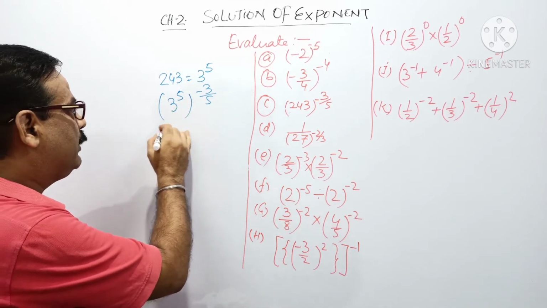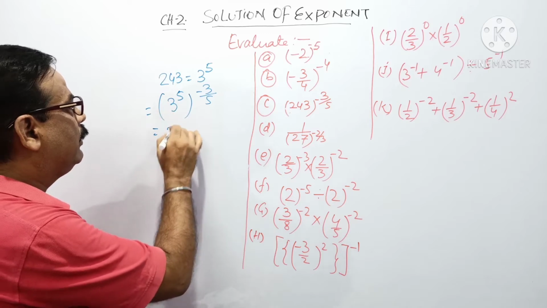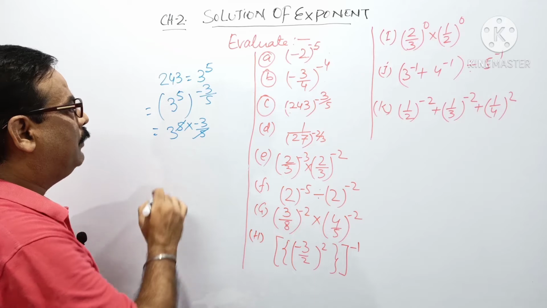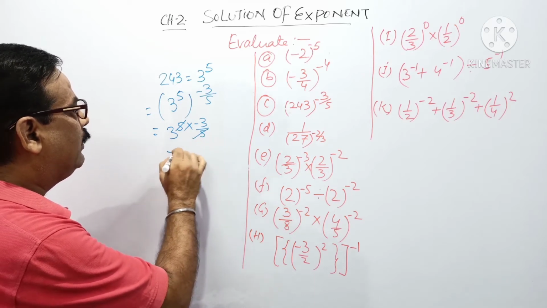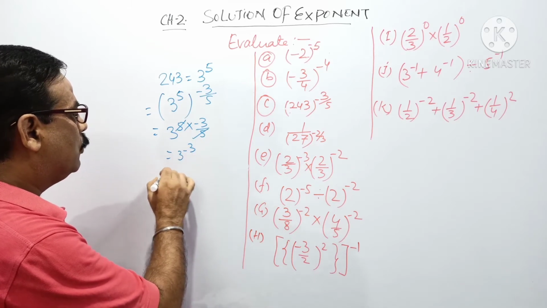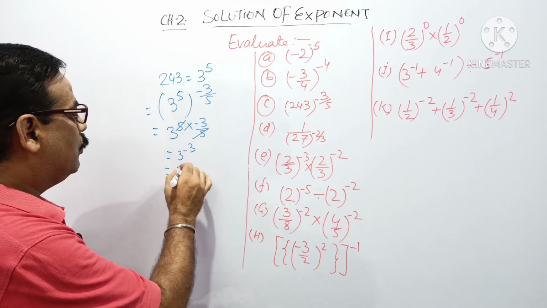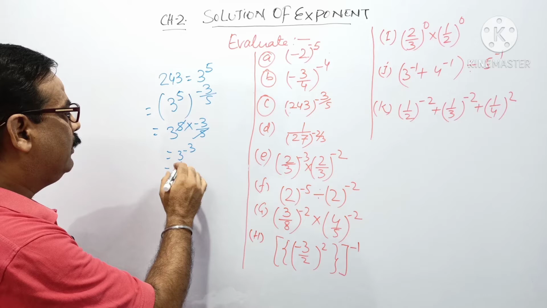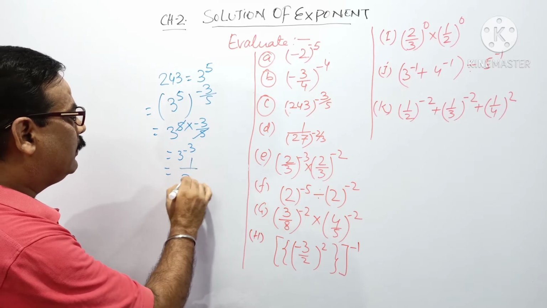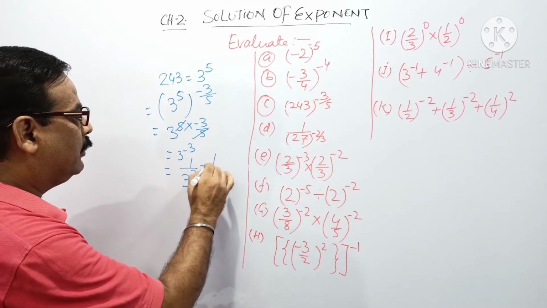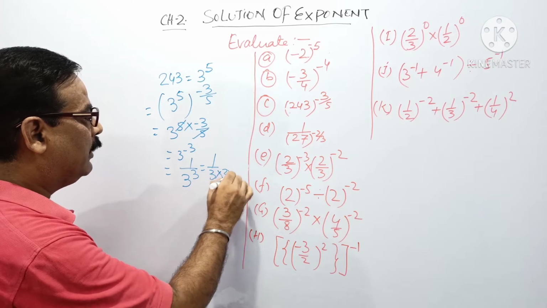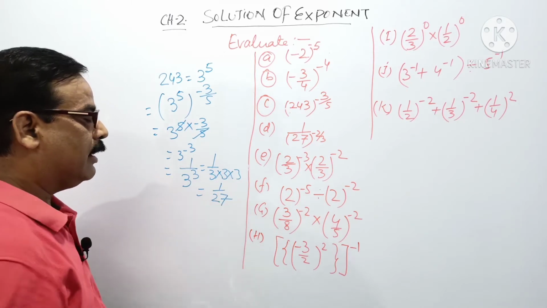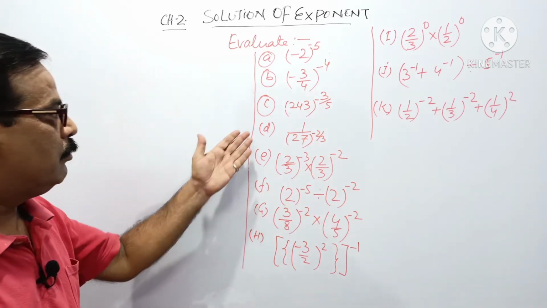So we can solve this problem as 3 to power 5 into -3/5. 5 we cancel here, and we can write 3 to power -3. So the value of this term is 1/3 to power 3, and the value is 1/3 into 3 into 3, which gives 1/27.